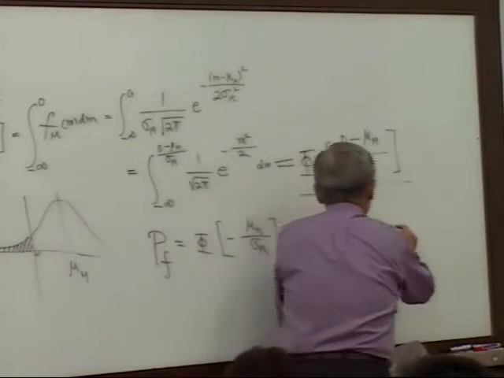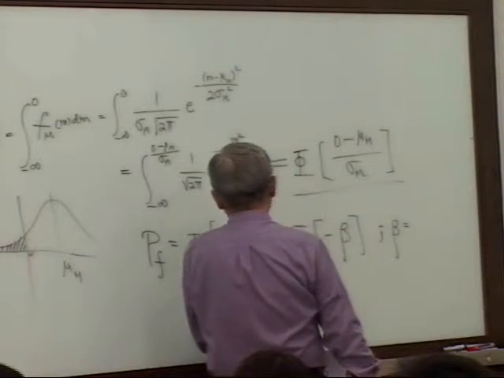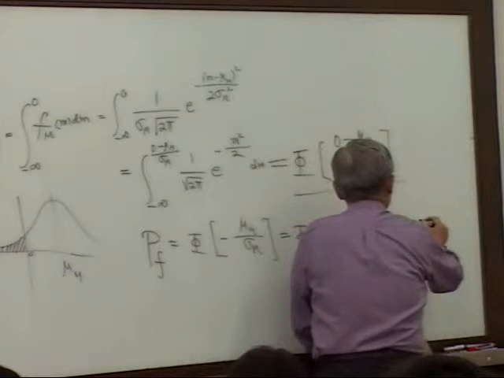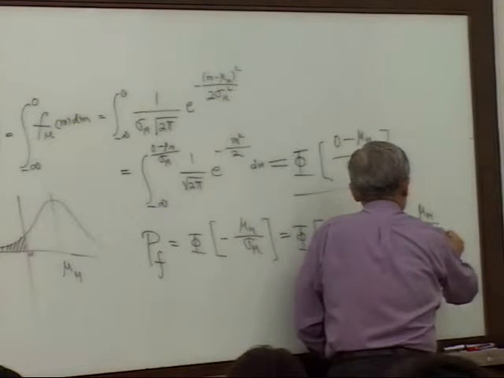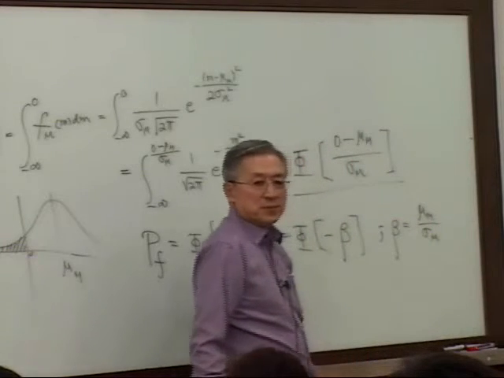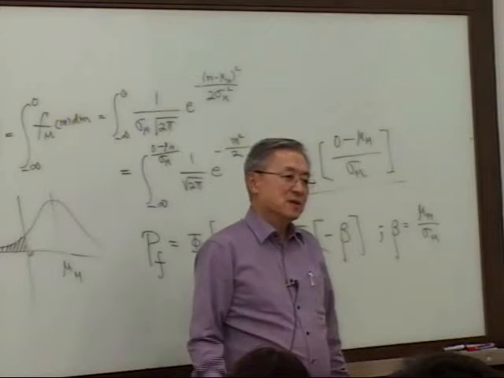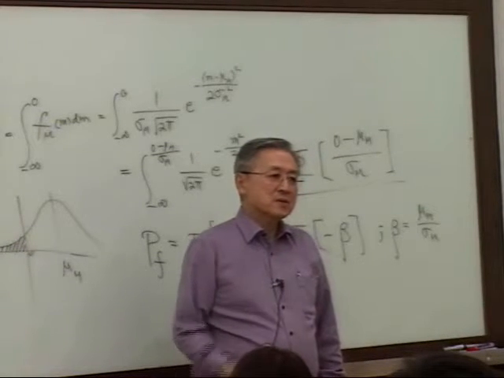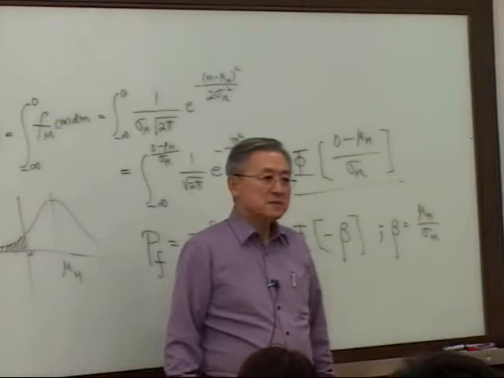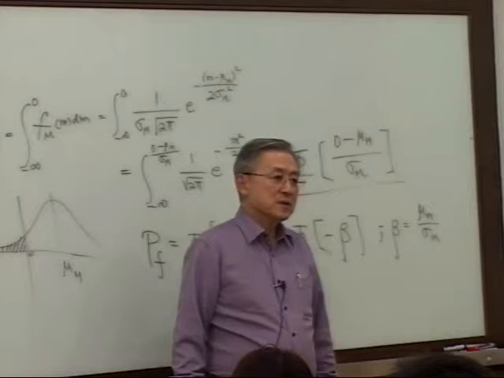So over here, beta is equal to what? Mu m over sigma m. Beta is called the reliability index. In other areas of reliability processing, are you using the beta? Have you heard of the reliability index?